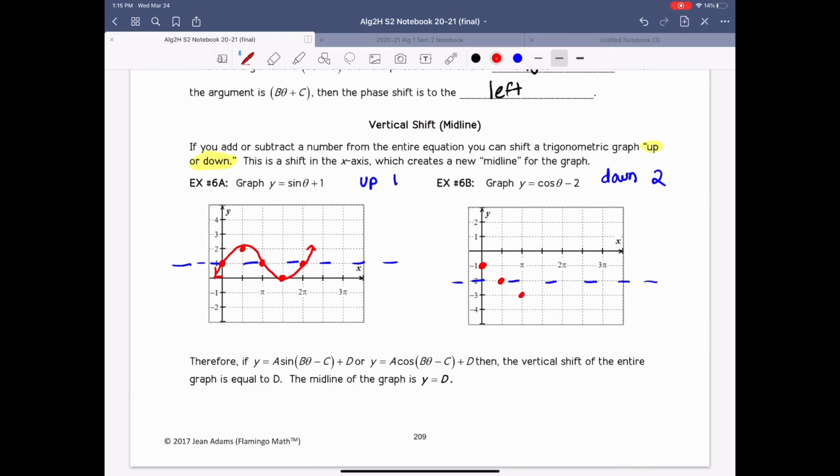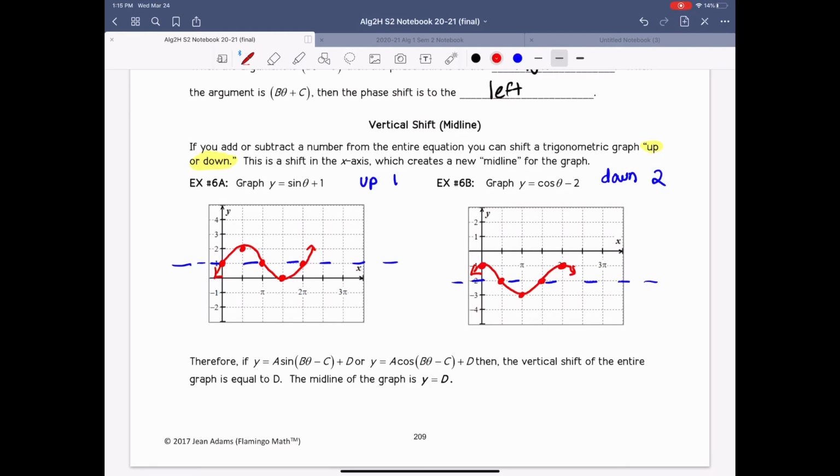Then I make my way back up to the midline at 3 pi over 2. And then 2 pi radians is 1 full cycle, bringing me back to negative 1 for y. Obviously, I know this is going to continue in both directions, but this is a sketch of what that graph looks like. All right, guys, and that is how we deal with vertical and horizontal shifts.